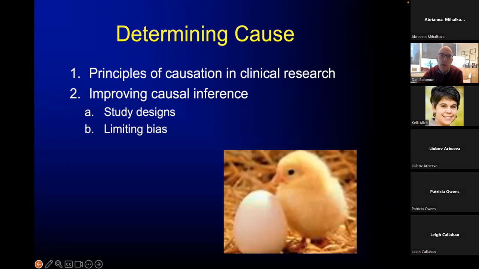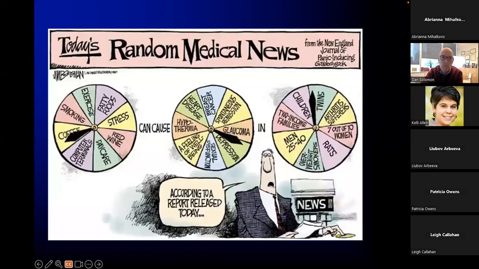So again, we'll think about the principles of causation in clinical research, and we'll think about ways to improve causal inference through study designs like target trial emulation and how that might limit bias. And the reason we do this is because medical research is often confusing for experts as well as the casual reader.